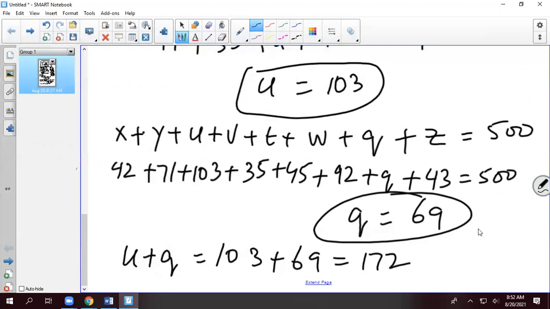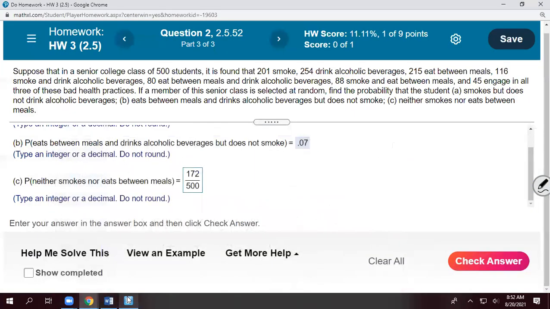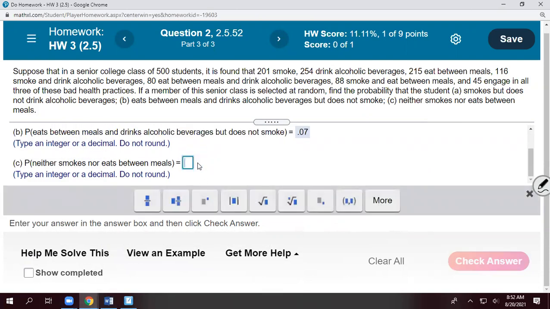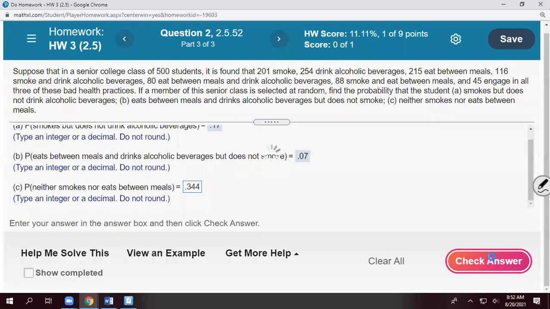And then, oh, okay, so they don't want this kind of an answer. This simplifies. If you convert it into decimal, it's 0.344. Let's try that. 0.344. Okay.